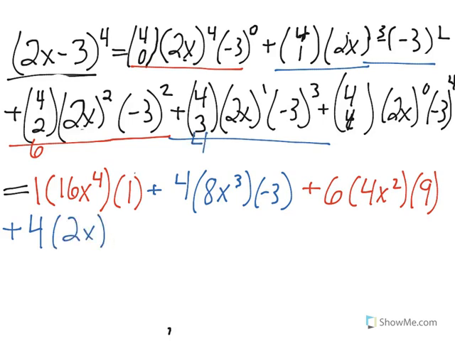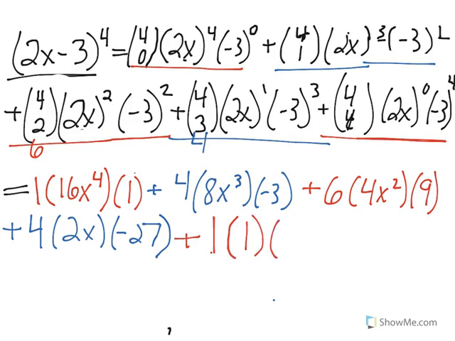And then we have times 2x times negative 3 cubed is negative 27. And then the last part, plus 4 combination 4 is 1. And then we have 2x to 0, which is 1, and negative 3 to the fourth is positive 81.